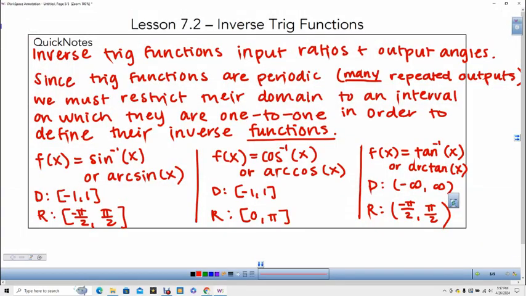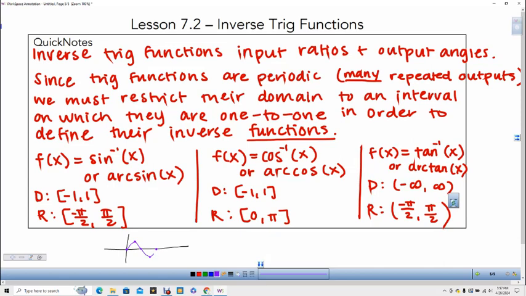Now, it's from -pi/2 to pi/2 because that's the area that we have to limit the sine function to where it is one-to-one. So let me sketch the sine function for you here. Remember, we start at 0, we go up to the maximum, down to midline, down to the minimum, back up there.